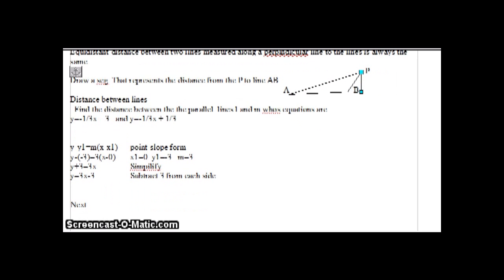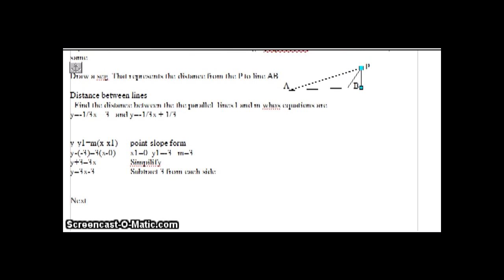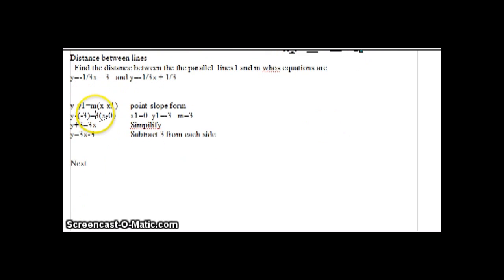Distance between lines. Find the distance between the parallel lines L and M, whose equations are y equals negative 1/3 x minus 3 and y equals negative 1/3 x plus 1/3. First, y minus y1 equals m times (x minus x1), that's point-slope form.